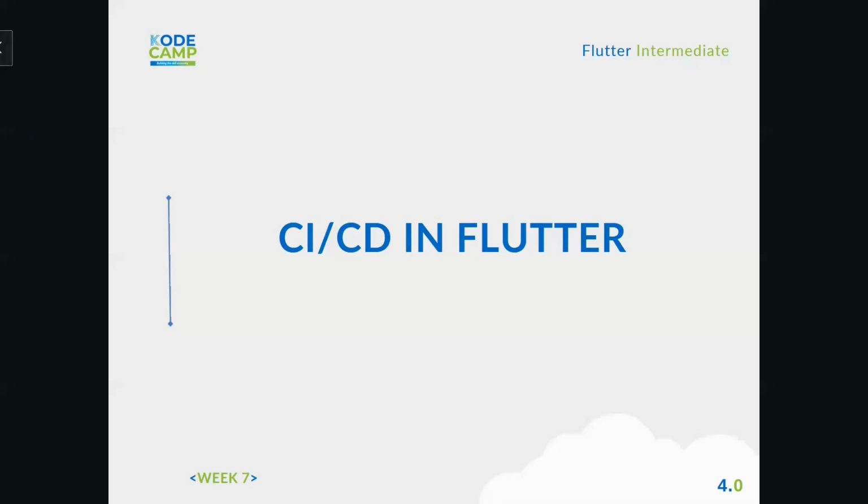CI/CD stands for continuous integration and continuous deployment. It's just a set of practices and tools that we use in software development to automate the process of building, the process of testing, and the process of deploying applications.